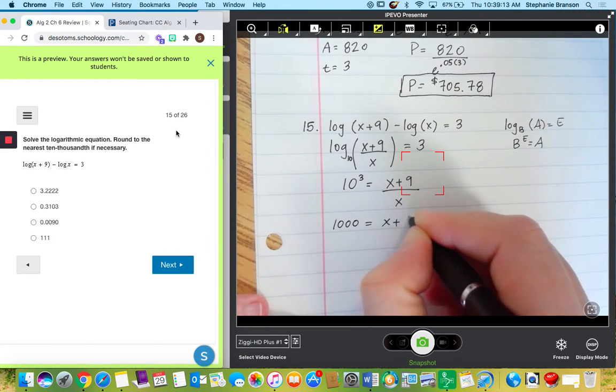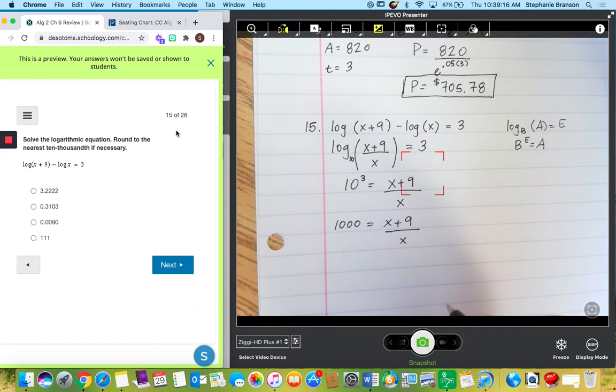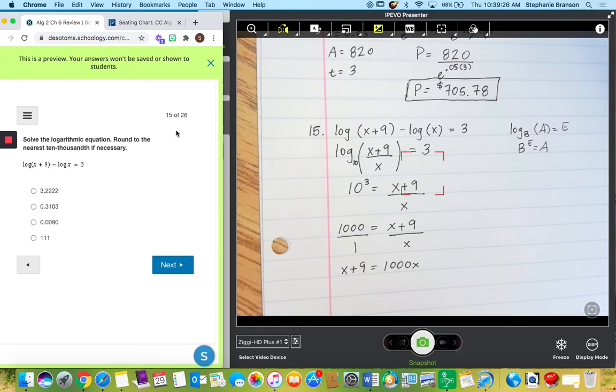1,000 is equal to x plus 9 over x. We're going to cross multiply. So I now have x plus 9 is equal to 1,000x. We want everything to be on one side because we're trying to solve for x. We can subtract x.